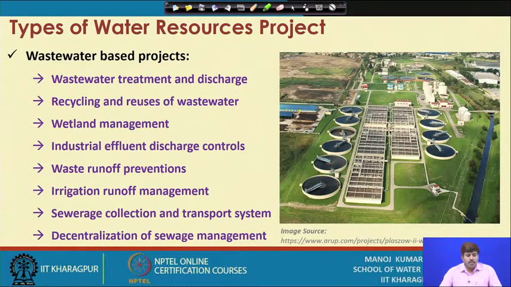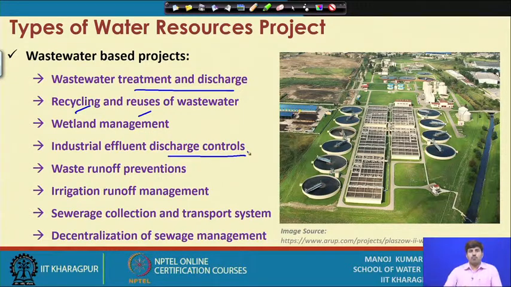Further, there are a variety of wastewater based projects. You can call it wastewater or used water, water which has been used. Again, there could be projects for its treatment and discharge or its recycling and reuse, wetland management projects, and industrial effluent discharge control.